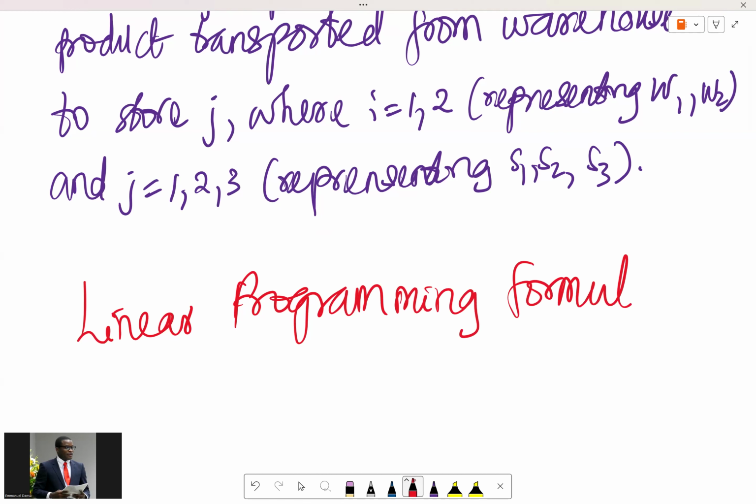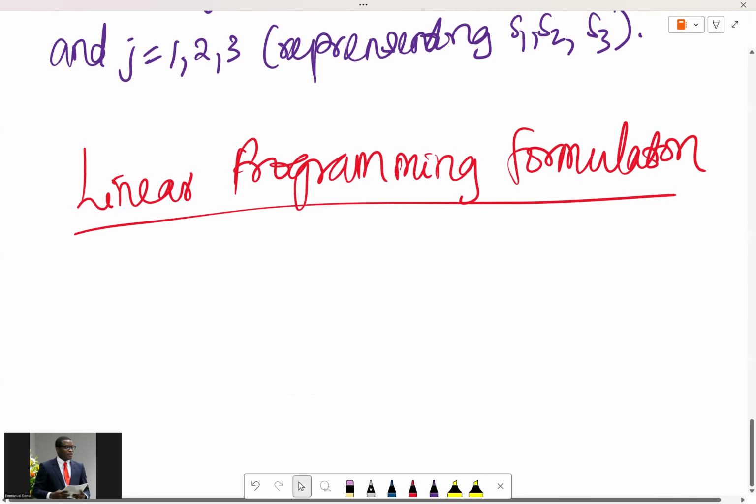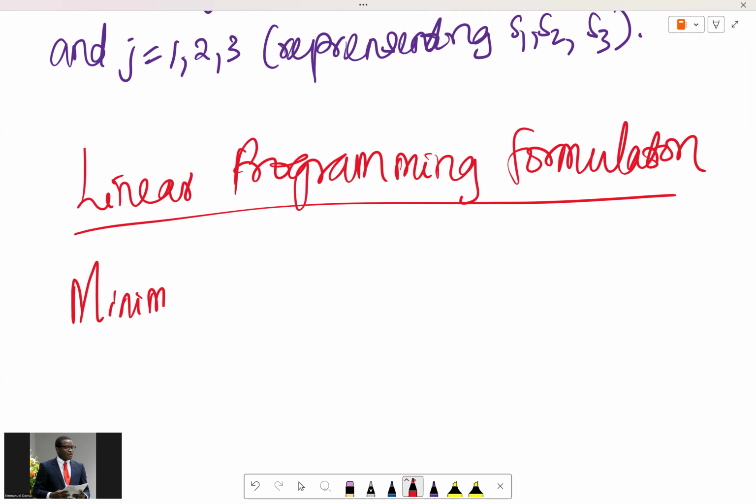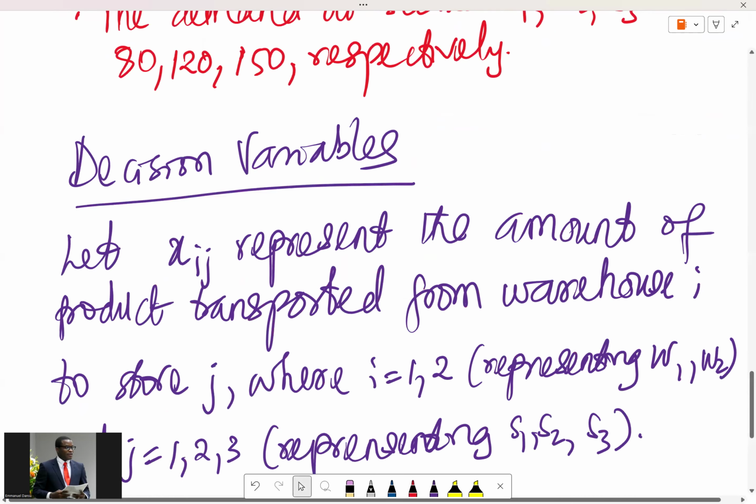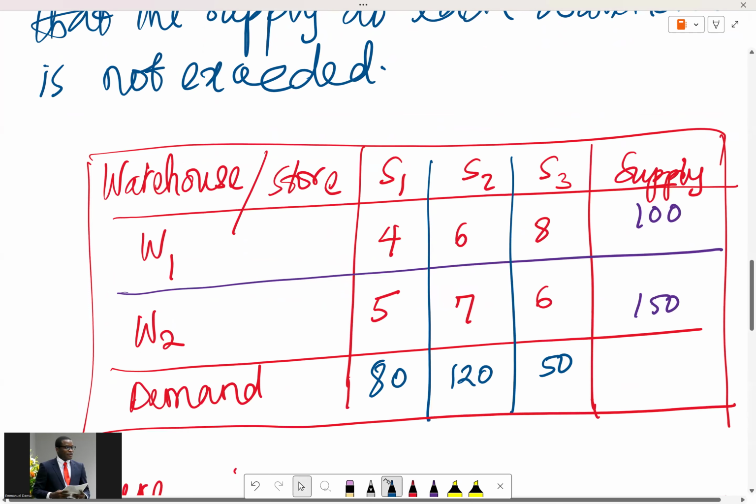We already know the goal is to minimize the transportation cost, so we have to minimize Z. The first one here is X11, because warehouse 1 to store 1.